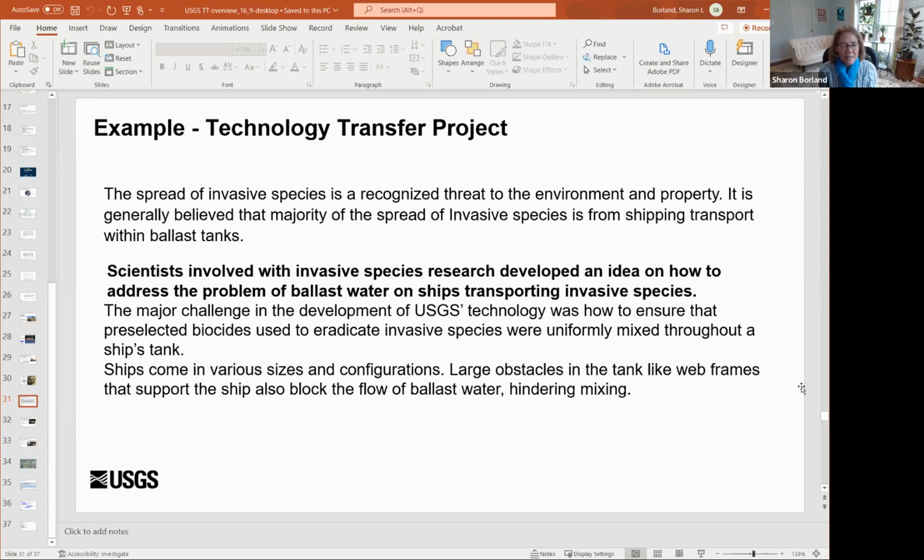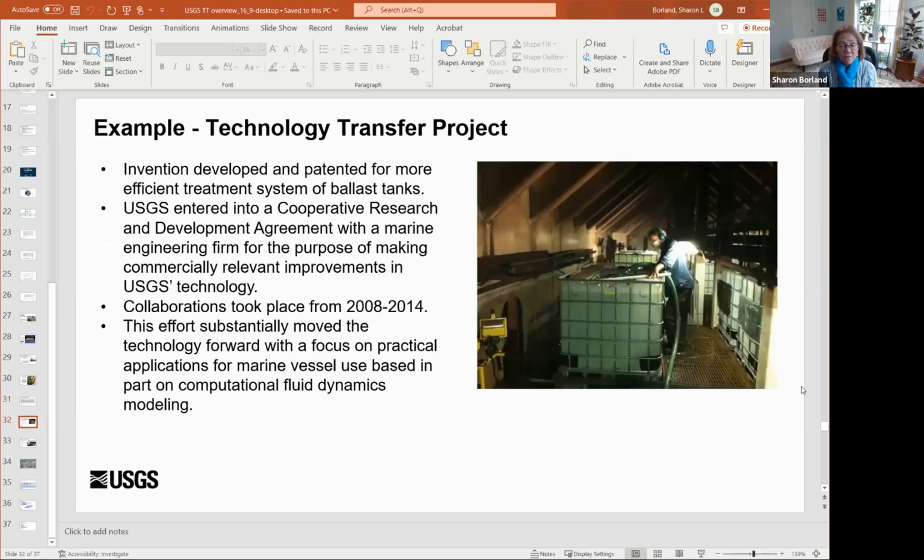They had done a lot of work trying out different biocides, as well as different mixing methods to ensure that the biocide is evenly distributed throughout the tank. And the invention was patented in 2017.